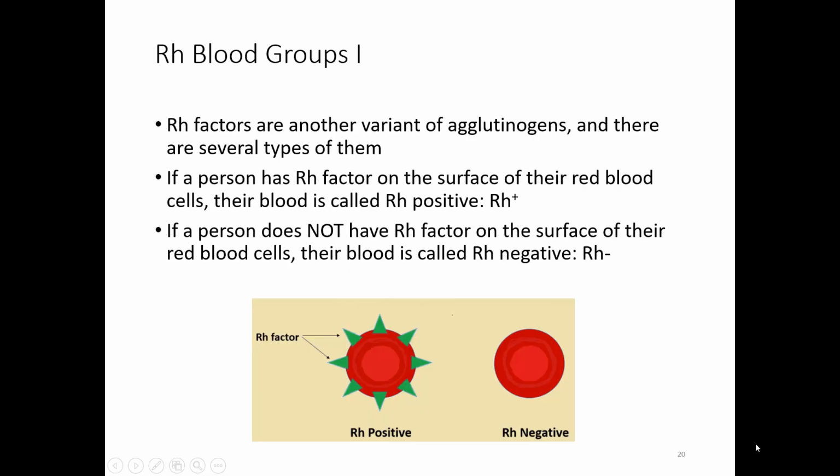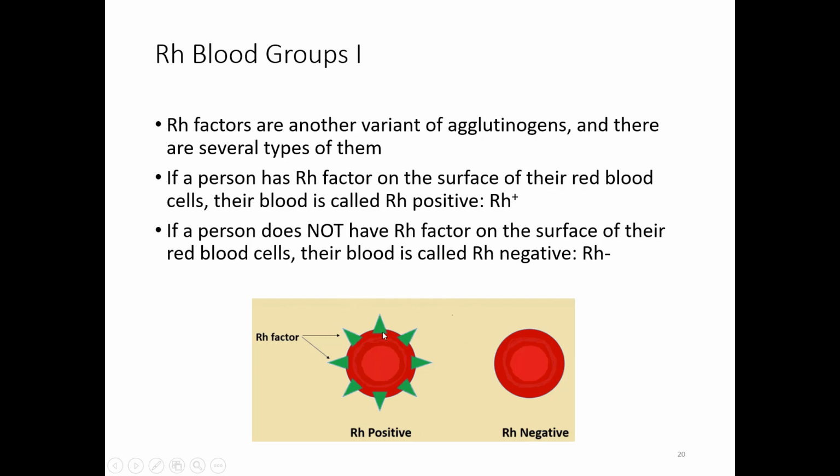We have blood types A, B, AB, O, but you probably heard that your blood can be Rh negative or positive. What is that? There is another system of blood groups, Rh, and Rh factors are just another variant of antigens or agglutinogens sitting on the surface of red blood cells.